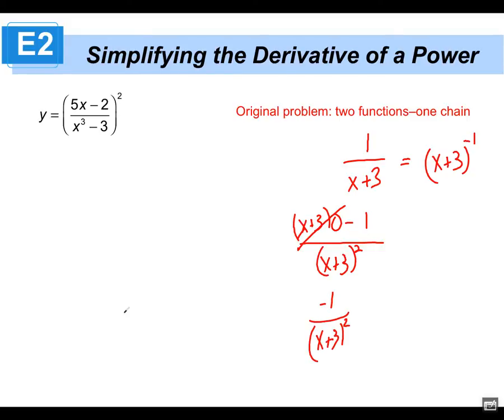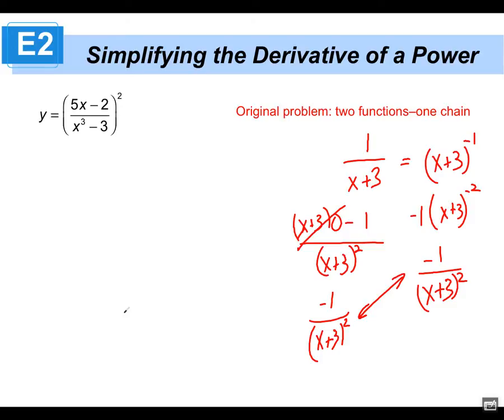That's if you chose to do a quotient rule. If I chose to do a chain rule, then bring the negative 1 down in front, reduce the power, rewrite it. Well, that's a plus. Oh, look, same. Okay. Same results, different ways to approach the problem.